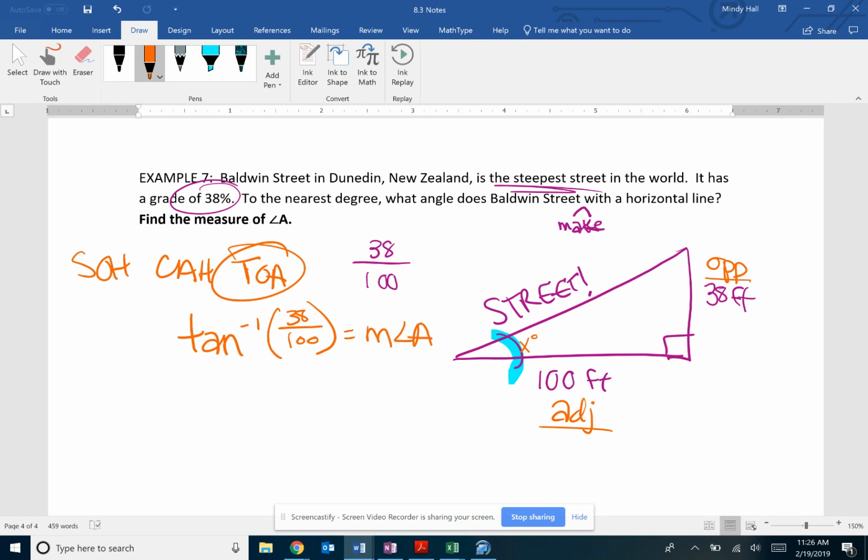It's kind of up to you. I just like to write measure of angle A because I know I'm just going to type it straight into a calculator and don't have to do anything fancy. So I get 20.8, and if I'm going to the nearest degree, that 8 tells me to round up. So I know the measure of angle A is 21 degrees.